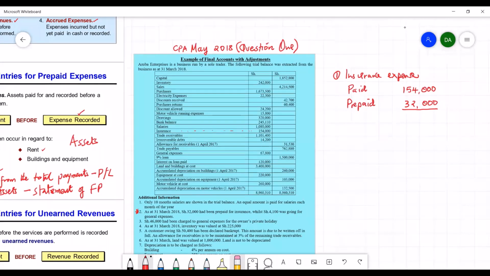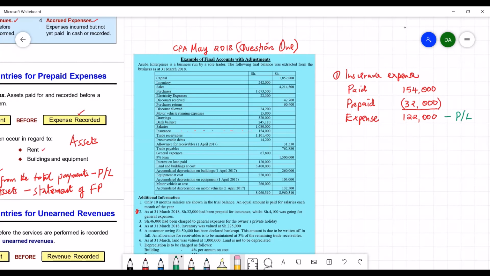Because prepayments, we deduct them from the total amounts paid to determine the expense in the statement of profit or loss. So the expense for that particular purpose is going to be 122,000. Now, 122,000 goes to the statement of profit or loss.